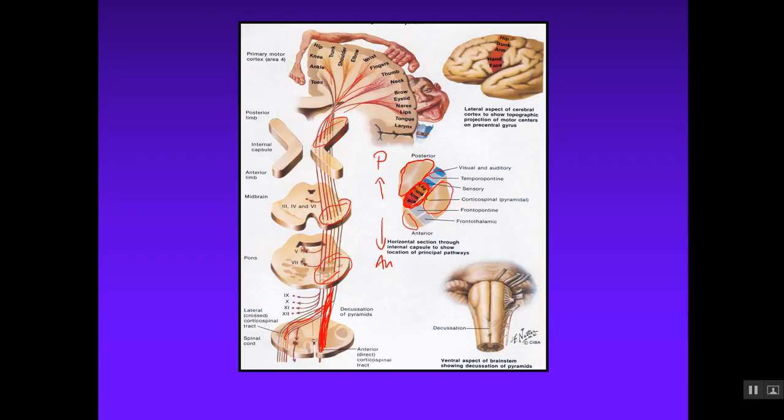Just behind that are the sensory pathways, also layered going up. So you can see having a stroke right there would not be a good thing. You would wipe out a lot of motor and sensory function, all really close to each other in that internal capsule.